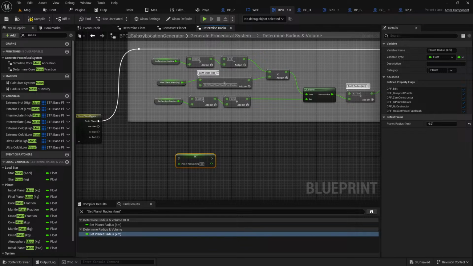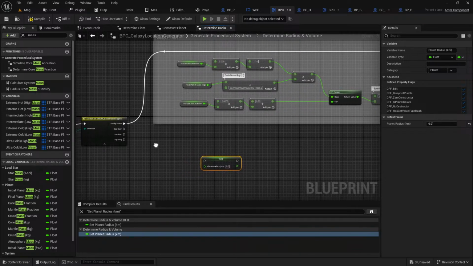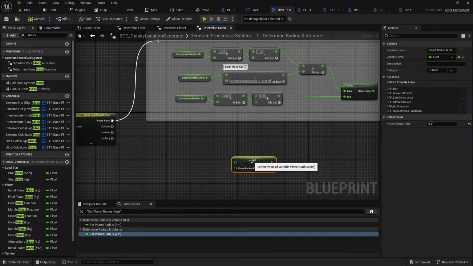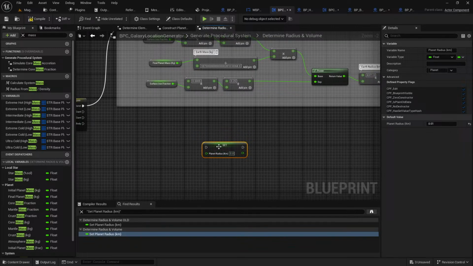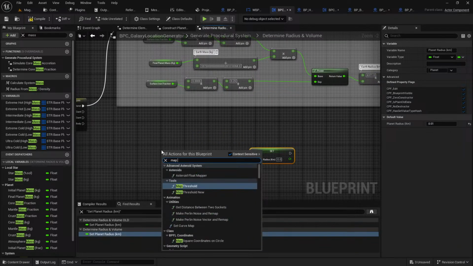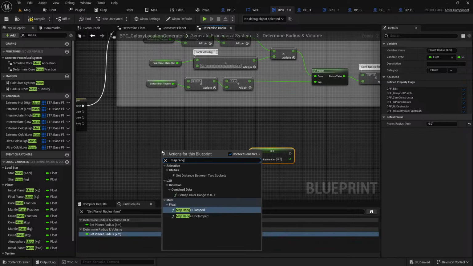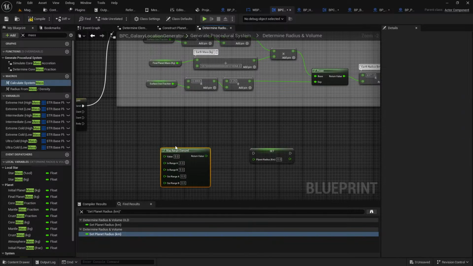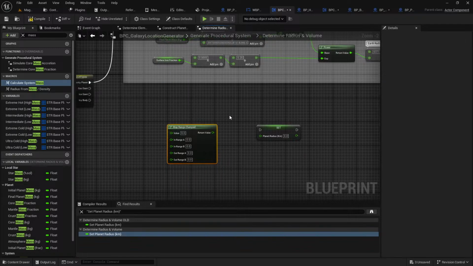Yeah, so maximum radius really is only about 2 times the radius of Jupiter. So kind of what we want to do really is we want to map that to a range. So if we do a map range, and this is a temporary solution.